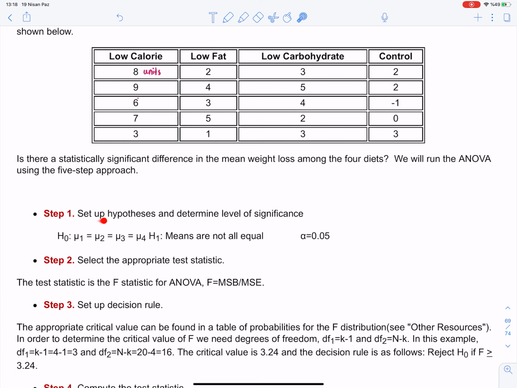as I told you in the previous lecture, I always begin with constructing the null hypothesis and the alternative. Since the alpha level is not given in the question, you may pick the universal alpha level, which is 0.05.